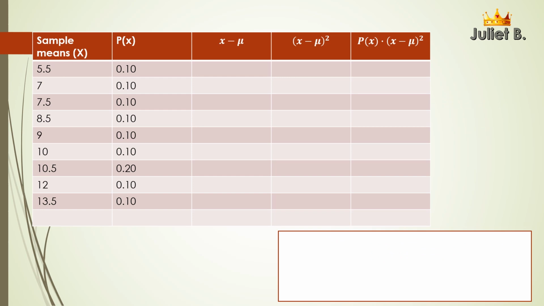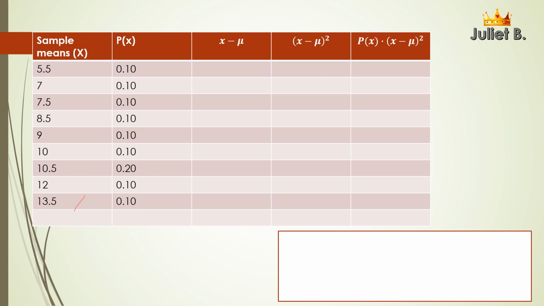So after computing for the mean and variance ng population, let us now proceed on finding the mean and variance of the sampling distribution. So, nakagawa na tayo kanina ng sampling distribution. Kukuhanin lang natin yung mga sample means na nandoon. Ito na yon. And then, yung probability, ilista mo ulit.